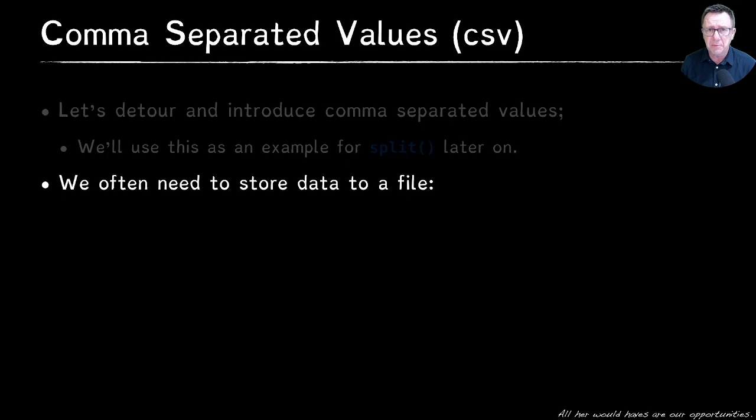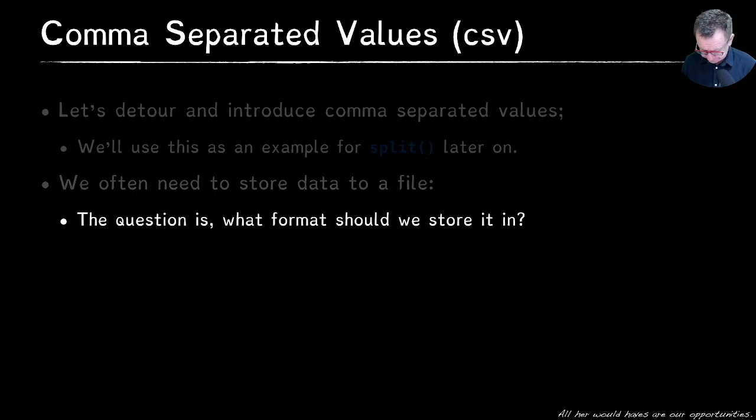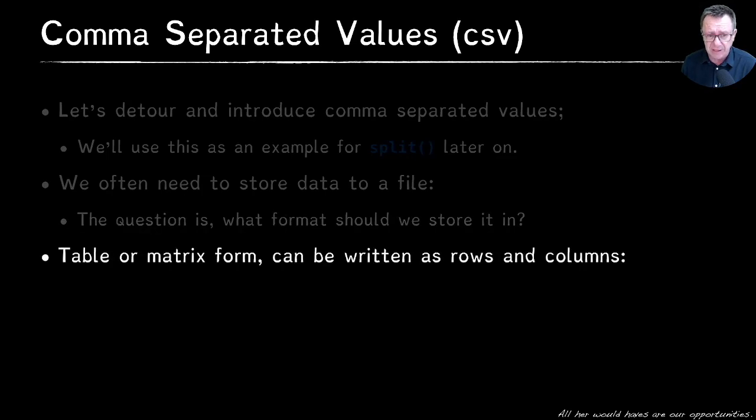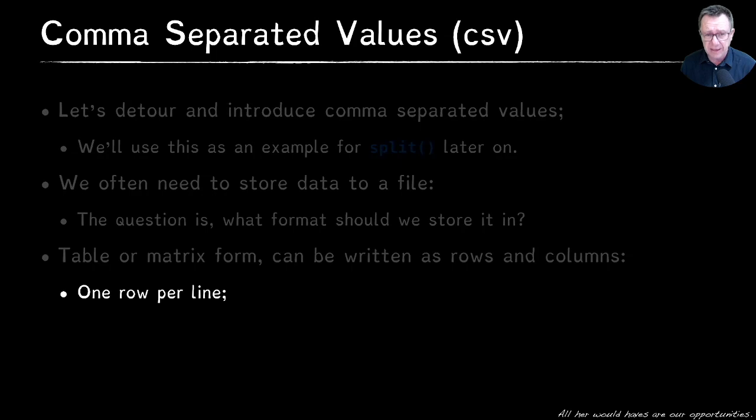And it's a very common file format that's used, particularly on the internet, for moving data around. Okay, so when we're storing data, we always have to ask, what format should we store it in? Do we do table, matrix, columns, rows, all of these kinds of things? When we do CSV files, that becomes really helpful.